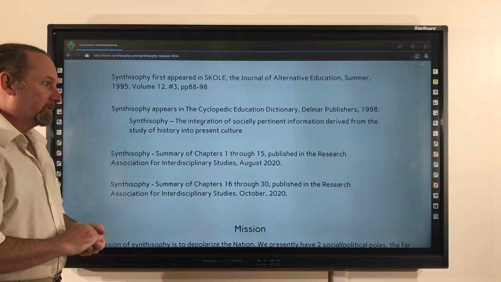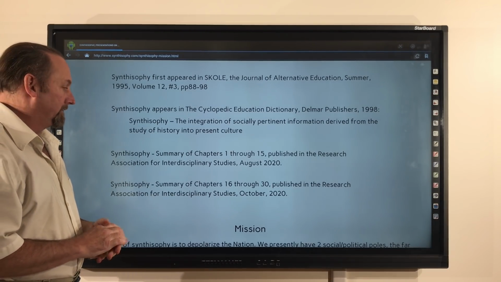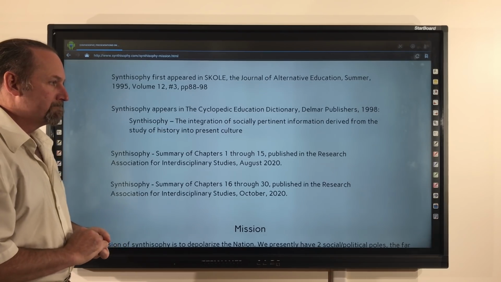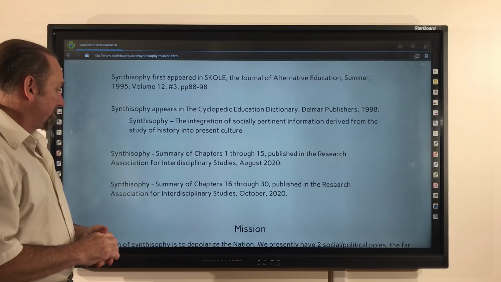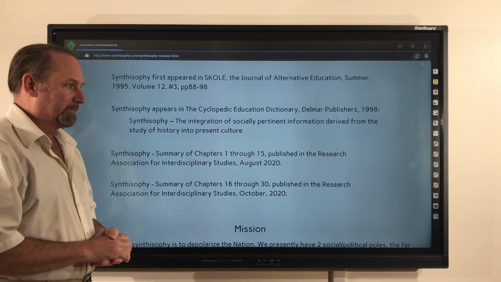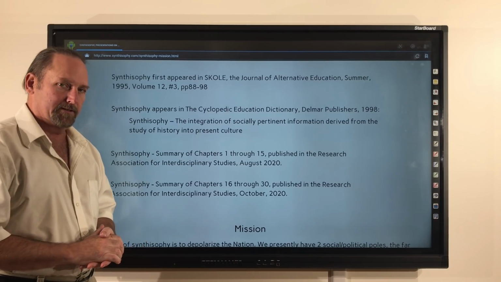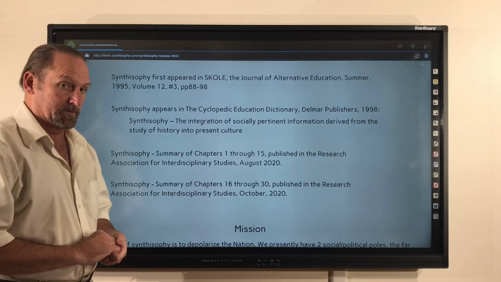A summary of chapters 1 through 15 on Synthisophy was published in the Research Association for Interdisciplinary Studies in August of 2020. A summary of chapters 16 through 30 was published in the Research Association for Interdisciplinary Studies in October 2020.